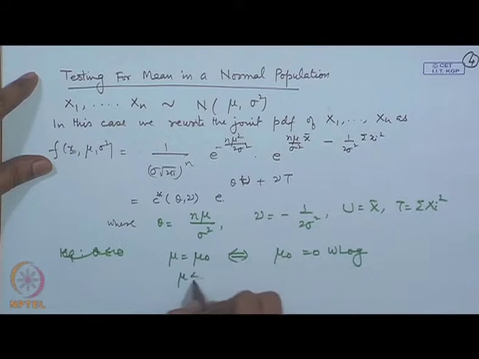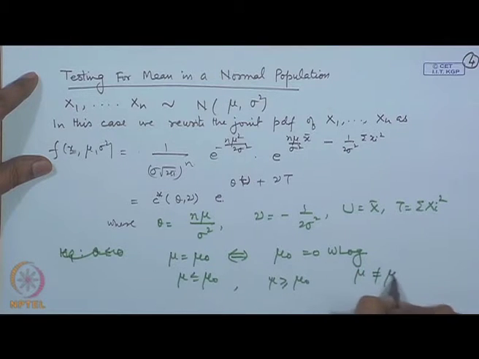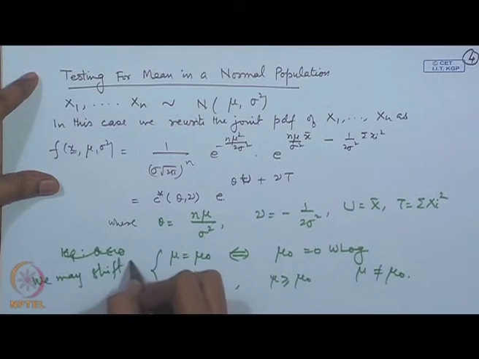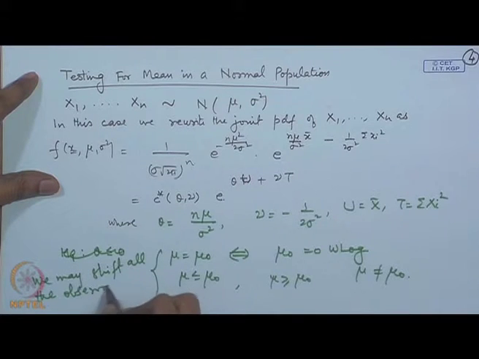If I take mu less than or equal to mu naught, and so on, mu greater than mu naught or mu not equal to mu naught, because we can shift all the observations by mu naught.